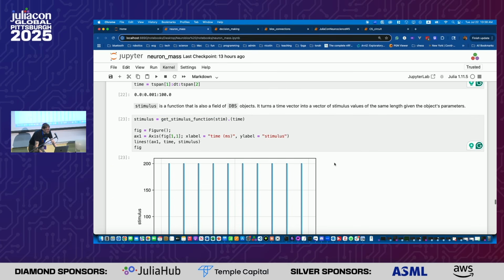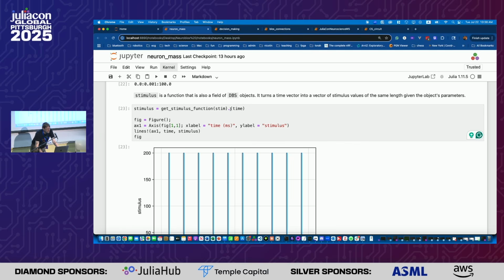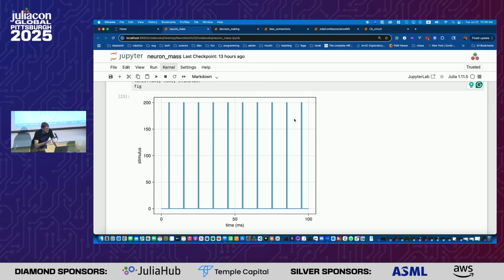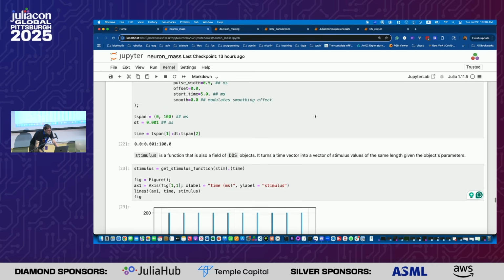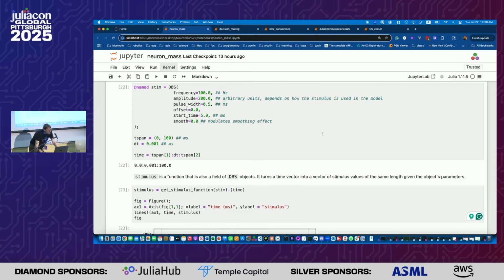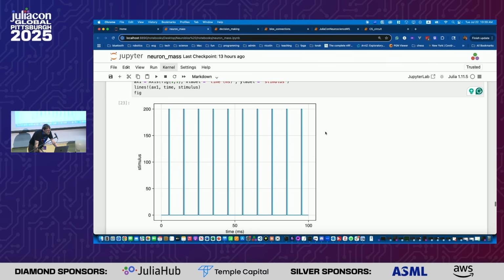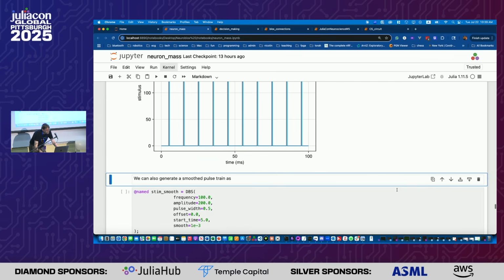And we created a convenience function to take that stimulus and extract the stimulus output. So for 100 milliseconds, we have spike trains with a frequency of 100 hertz. Amplitude is 100. The pulse width is 0.5, and this is the spike train that we get out of there. Okay.